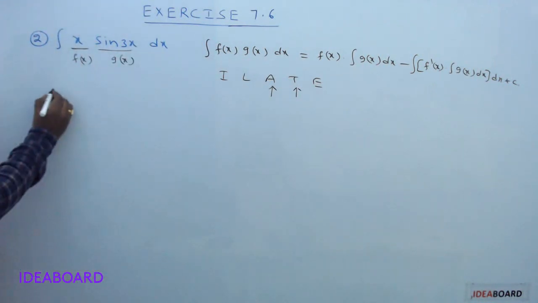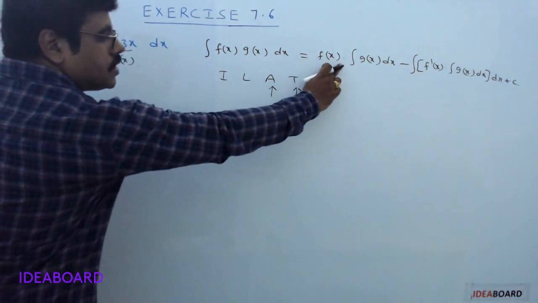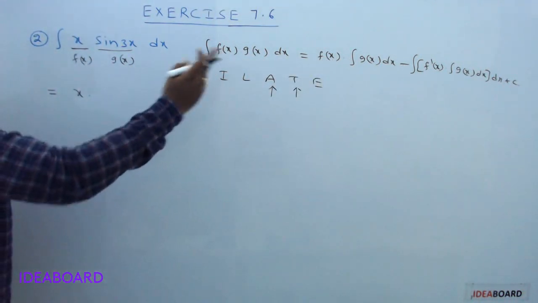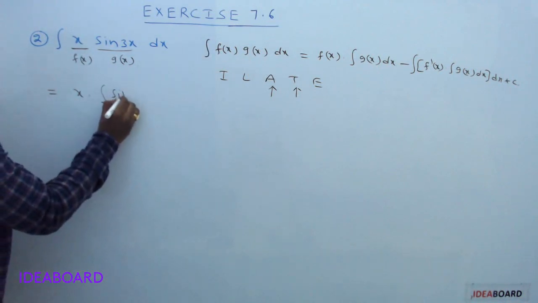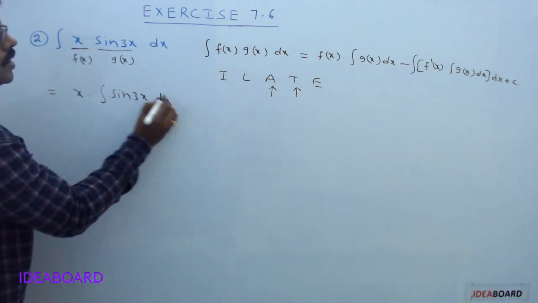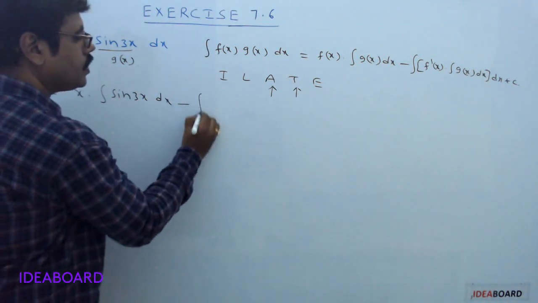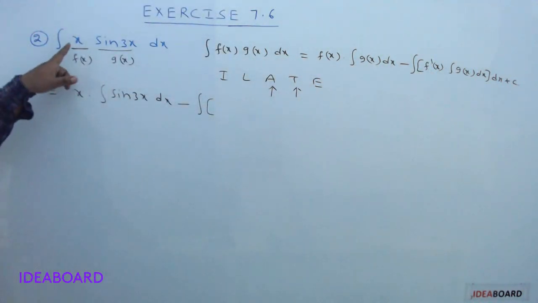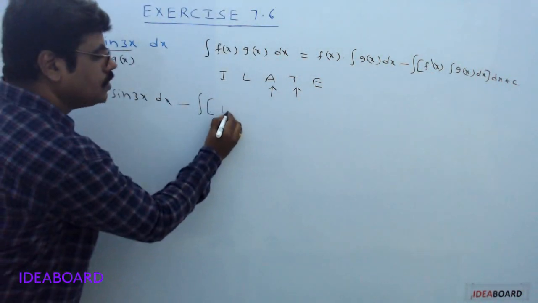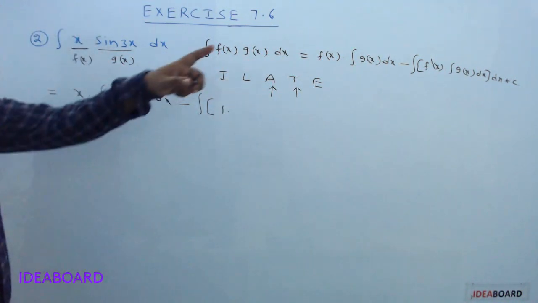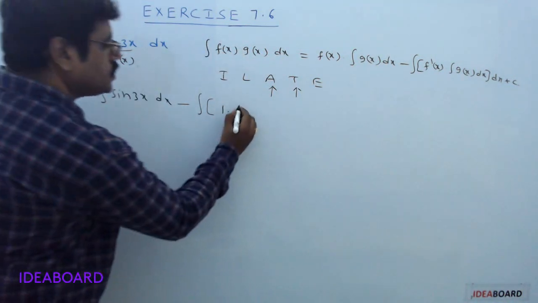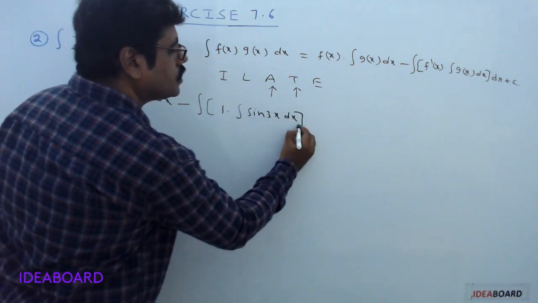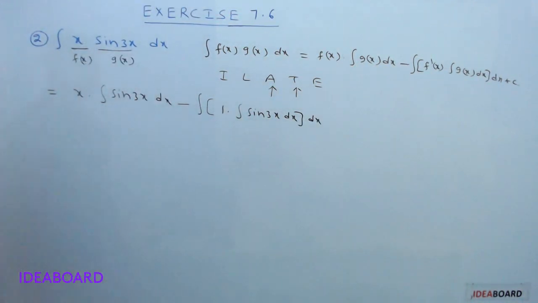Now apply that formula. This equals f(x), which is x, into integral g(x) dx, that is integral sin 3x dx, minus integral of the derivative of f(x). Here f(x) is x, the derivative of x is 1, into integral g(x) dx, which is integral sin 3x dx, into dx.